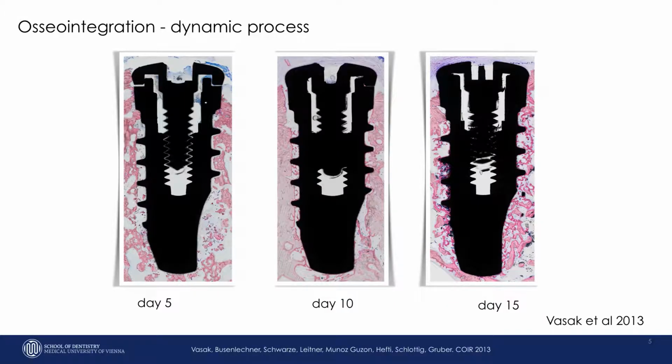Osseointegration is a dynamic process, and the courtesy for these pictures goes to the Viennese group under the lead of Professor Gruber, where you can see how implant healing starts at day 5, 10, and 15.